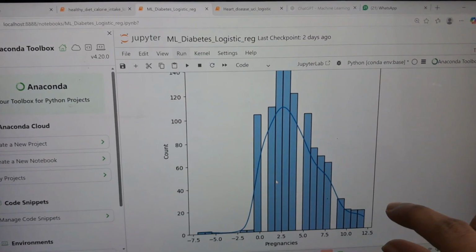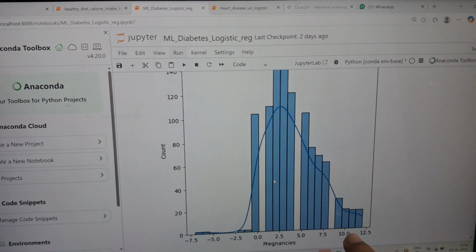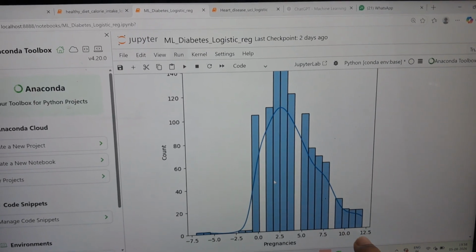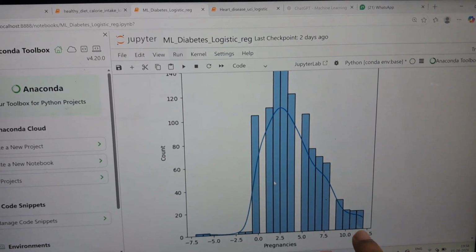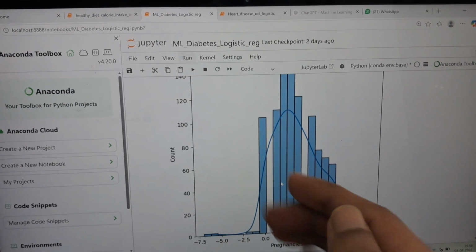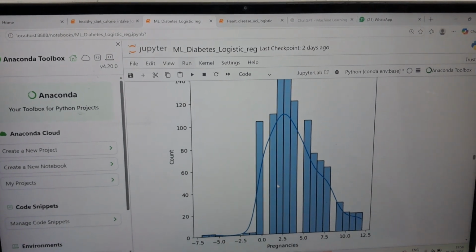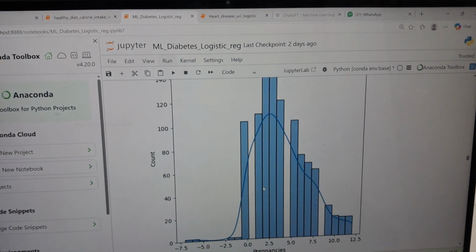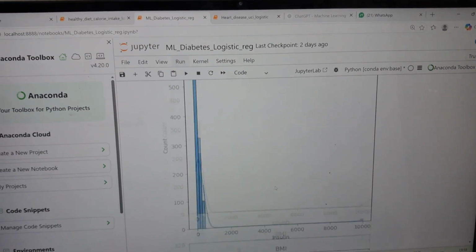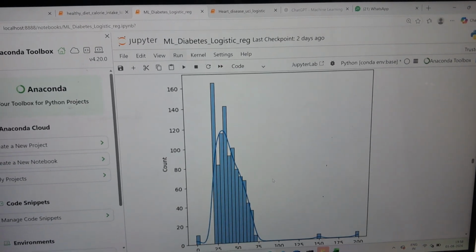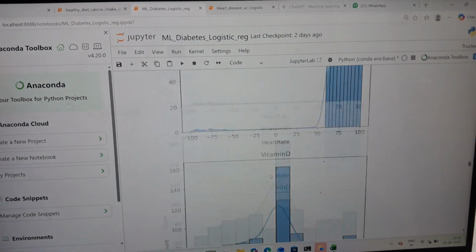And there are few ladies who got pregnant 10 to 12 times. So it will give the distribution of data. Based on the distribution of the data, I can identify skewness. So to identify skewness, I will plot histoplot or histogram.